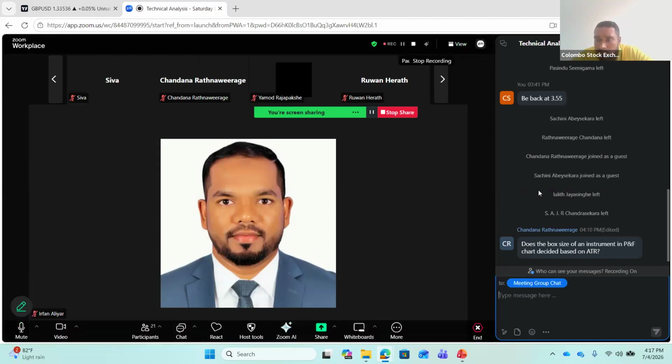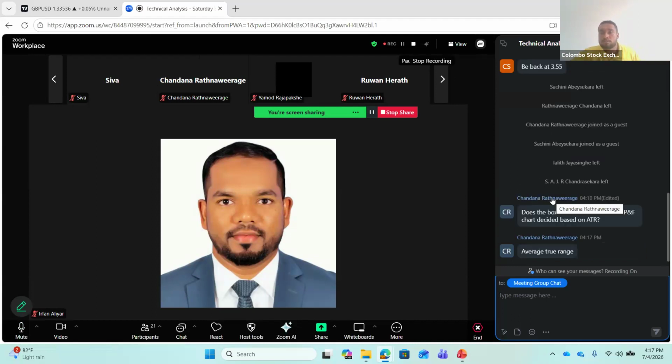What's ATR? Chart decided based on ATR. Average true range. I actually don't know, I'm not familiar with point and figure charts.